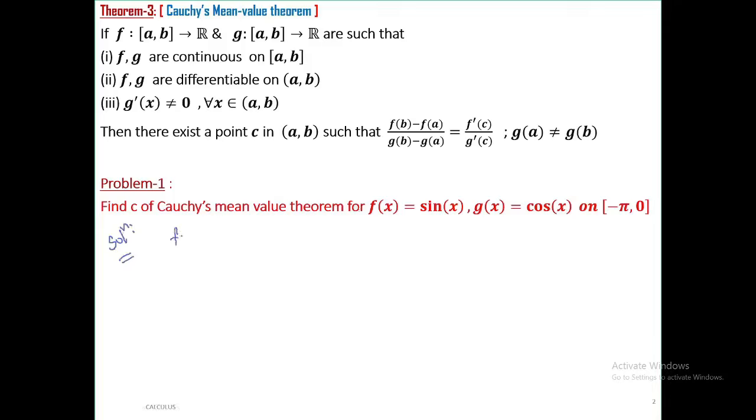So f of x is sin x. Therefore, what is f dash of x? f dash of x is cos x, because derivatives are required, and the second function g of x is cos x and its derivative g dash of x is minus sin x.